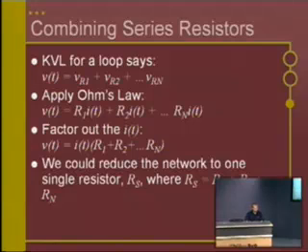Okay, so then the next one is, how do we combine multiple resistors into a single resistor? Let's take a look at another very contrived circuit. So here is something, and we have a whole bunch of resistors.